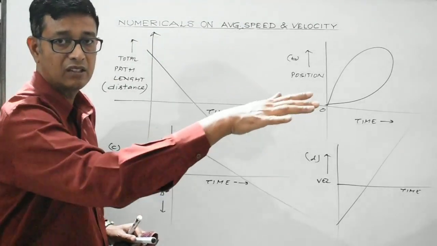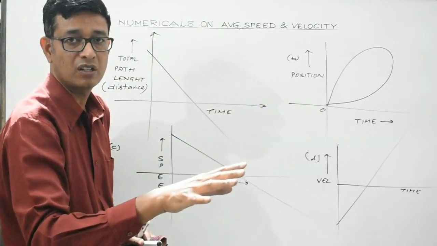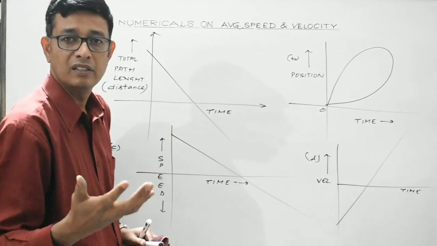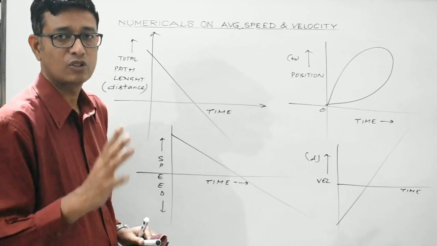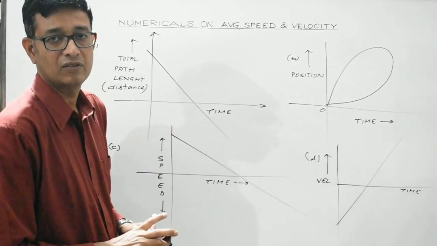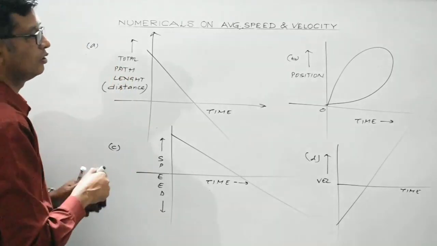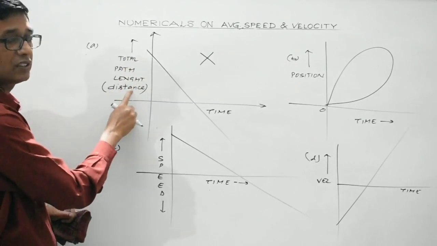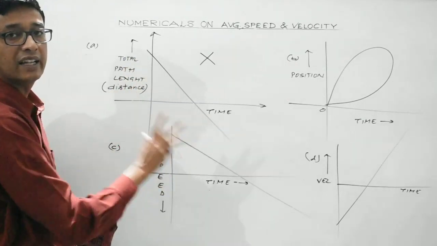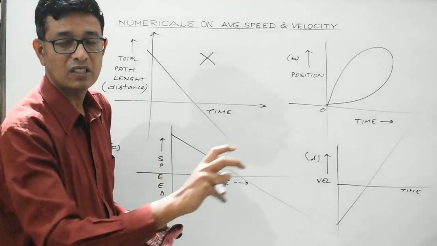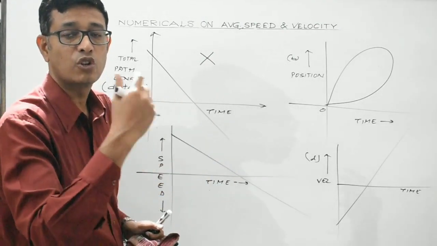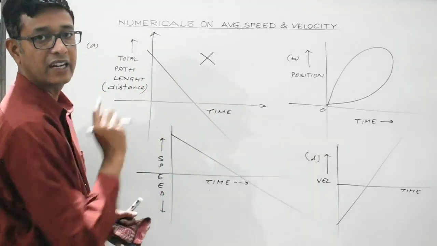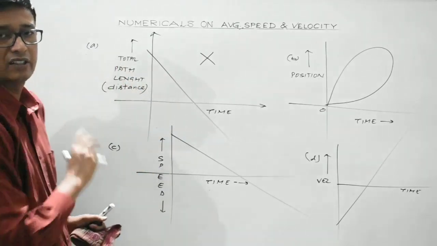And if a body is in motion, the net path length of the body can't be negative or decreasing. It should always keep on increasing, right? So basically this graph is not at all possible because total path length represents the distance and distance can't be negative. With the passage of time, the distance covered by a body which is in motion should keep on increasing. It shouldn't decrease. Neither can it have a negative value. So this graph is not valid. It is not possible.